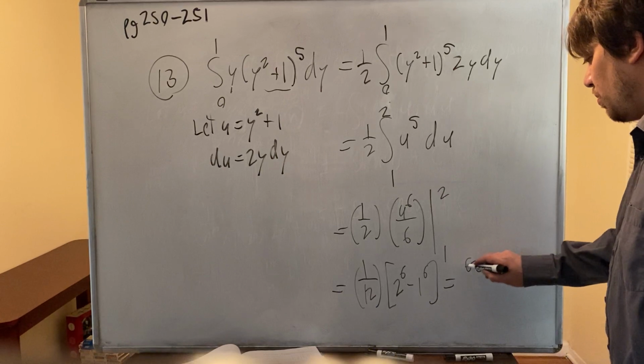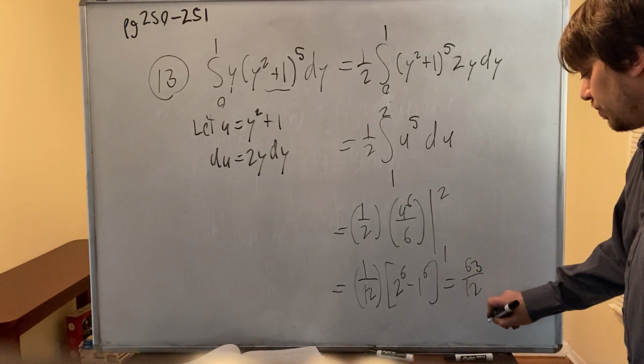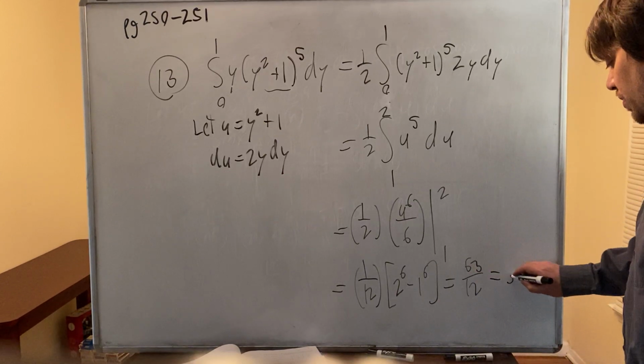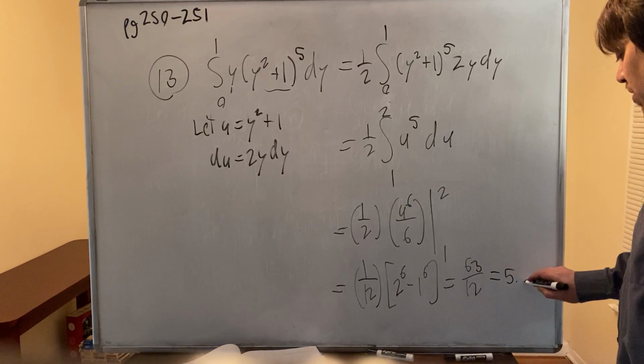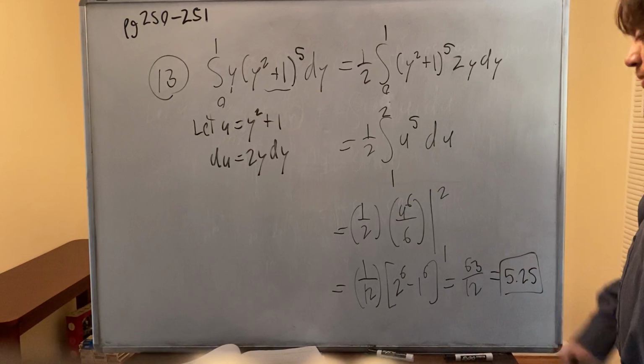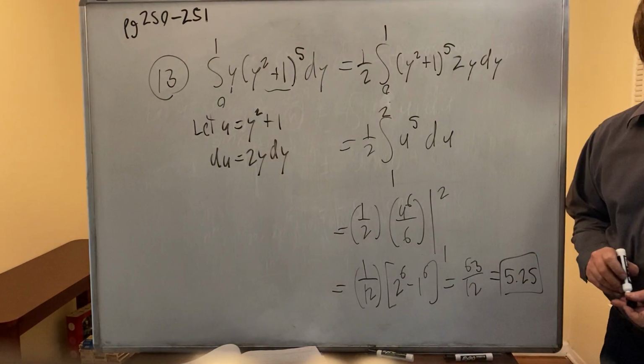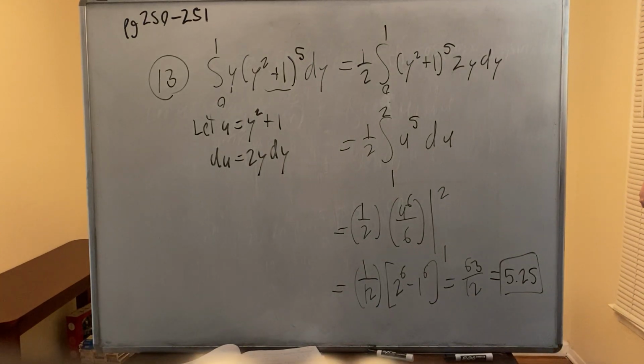So you have 63 over 12. And so this is 5 and a fourth, which is 5.25 as a decimal. So that definite integral is equal to 5.25. Okay, so that's number 13.